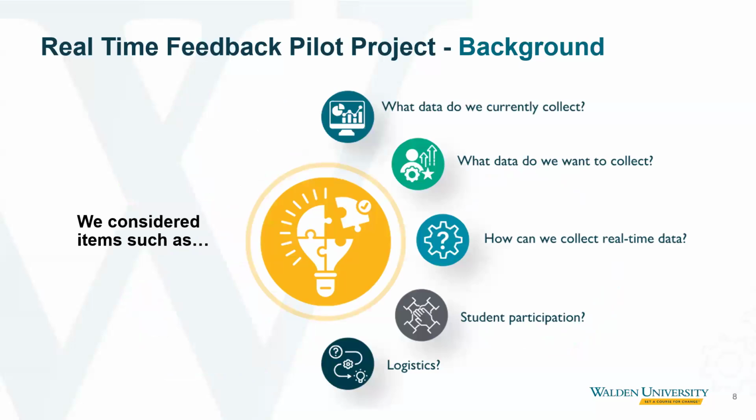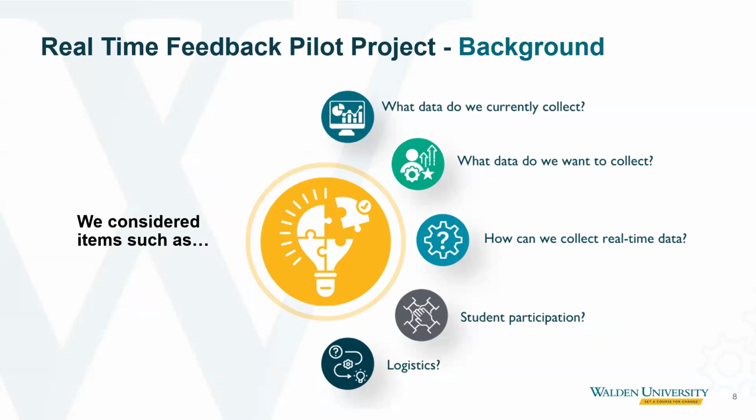To get started, once we got the go-ahead to launch a pilot program and see what we could do as far as collecting real-time feedback, we looked at a number of things. One of the first things we looked at was what data we currently collect.